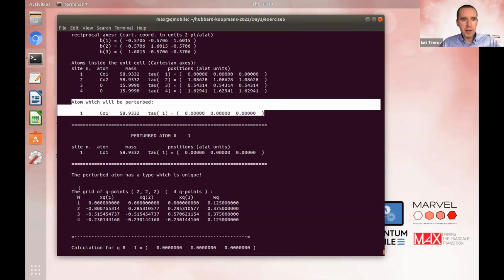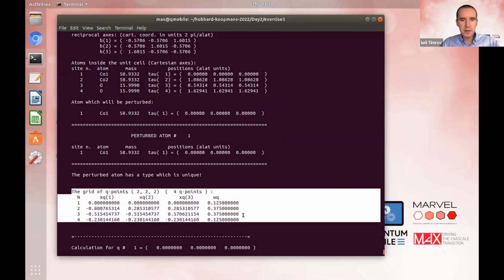And for this perturbed cobalt atom, it reports the Q-point grid. Excuse me, we have the Q-point grid 2 by 2 by 2. So in principle, without symmetry, we should have 8 Q-points. But since we have some symmetry, instead of 8 Q-points, we have only 4 Q-points. So a factor of 2 smaller, which is great. We save a lot of computational time.